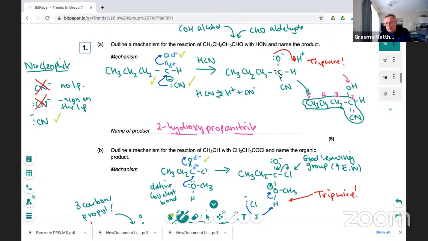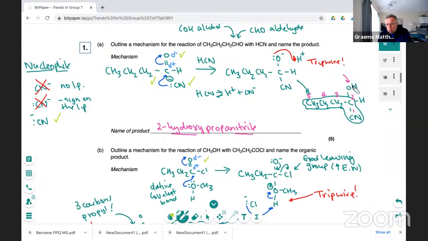Here's your intermediate, right? This is the lone pair to the hydrogen, which is in solution, giving you your hydroxypropanenitrile. We went over the fact that the nitrile is a higher priority group than the hydroxyl, the alcohol group there.